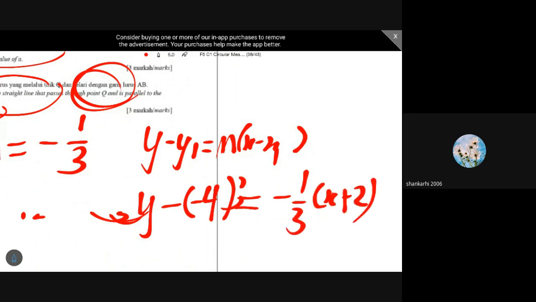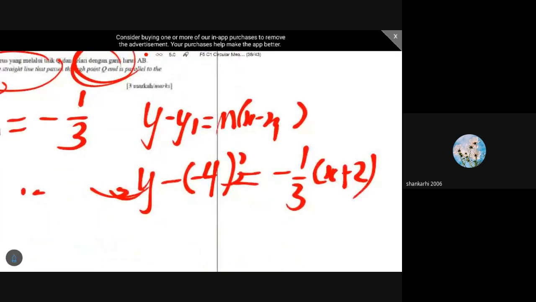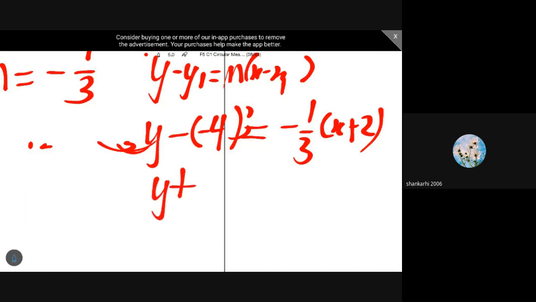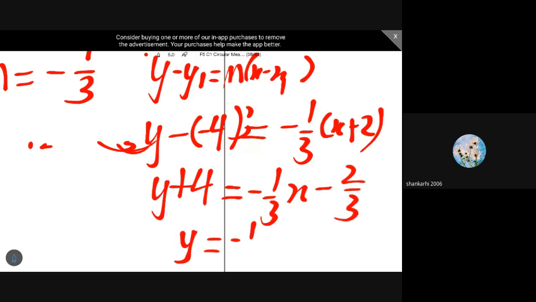Negative 2, you must plus 2. From here, you just do your algebra, and you will get your answer in the end.